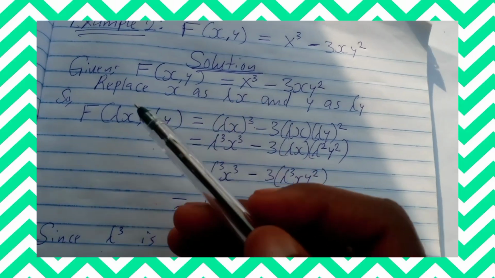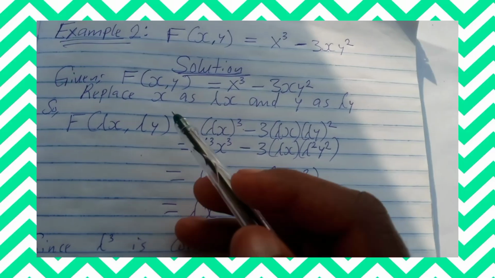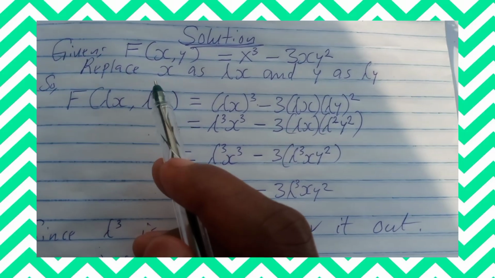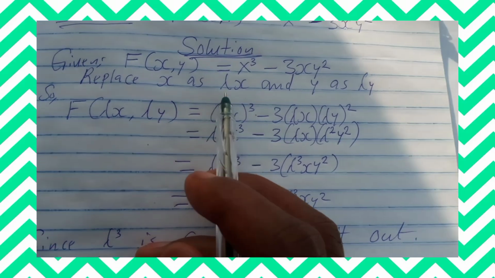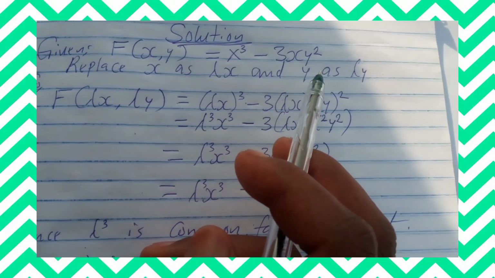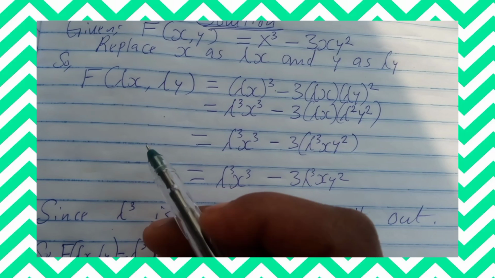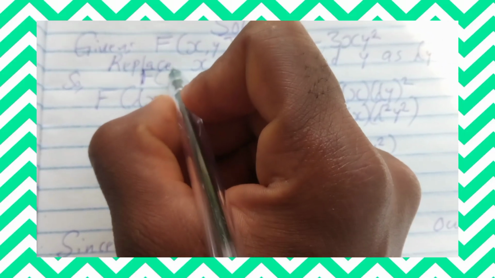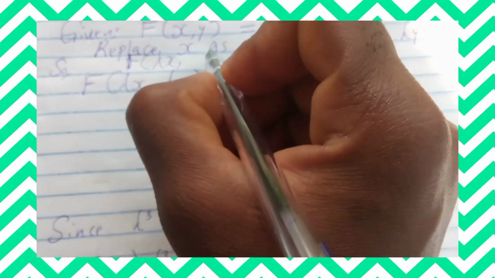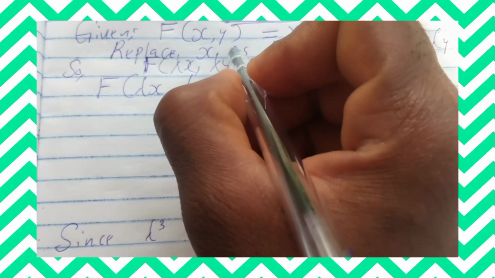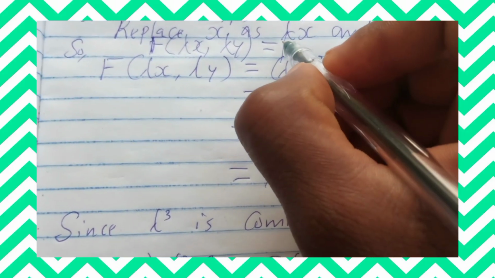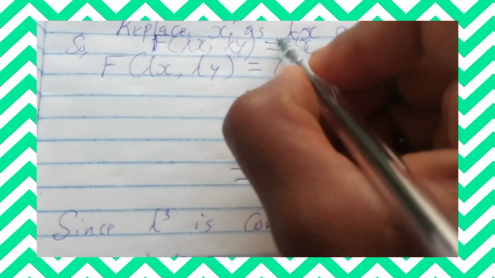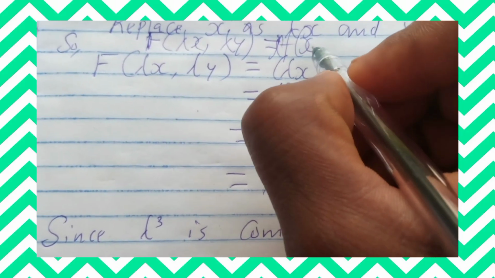We know that from the process of finding a homogeneous function, we replace x with λx, and y with λy, for us to cross-check if we are going to have a homogeneous function, f(λx, λy) equals λⁿ f(x, y).